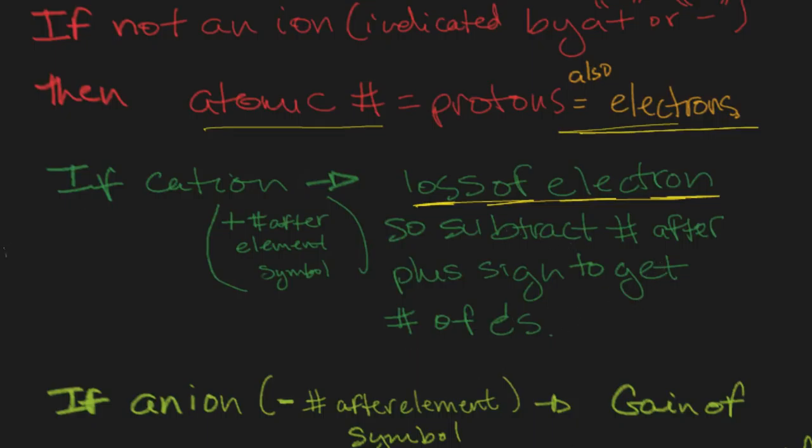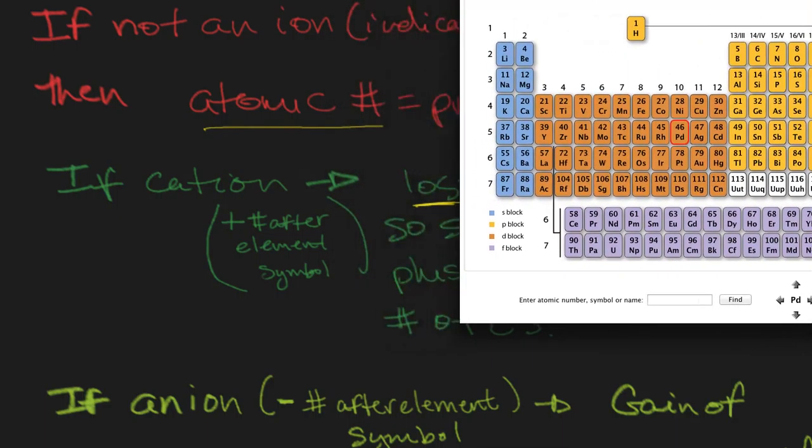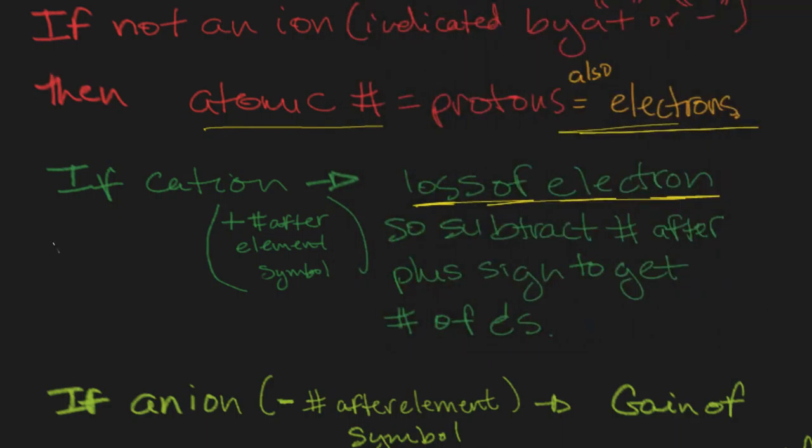So let's get our periodic table over here, and let's look at carbon. Carbon has an atomic number of 6. So as long as it's not an ion of carbon, then we have 6 protons and 6 electrons.